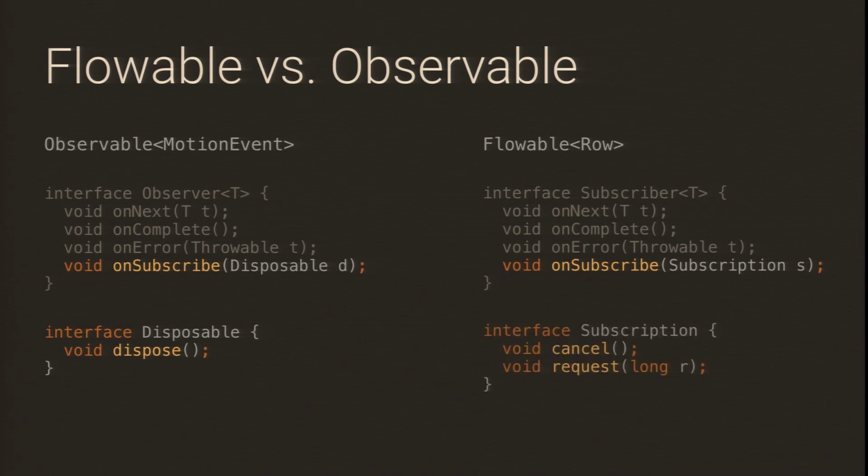But for flowable, we get a subscription, which actually has two methods. So here you have cancel instead of dispose, and I'll talk about that in a second, why those are different. But we have an additional method called request. And so this is the mechanism through which back pressure happens. You request a certain amount of items when you get this on-subscribe callback.